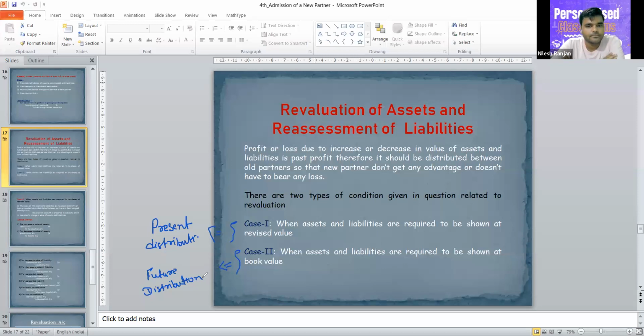Actually, this background I just told you has no use in solving the question. It has no use in theoretical or practical questions. It is given to understand the concept.